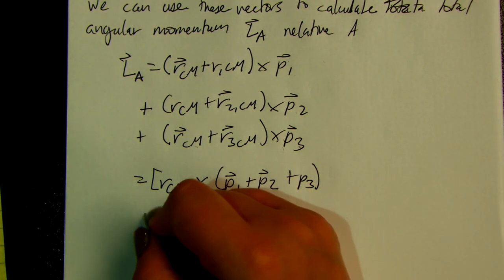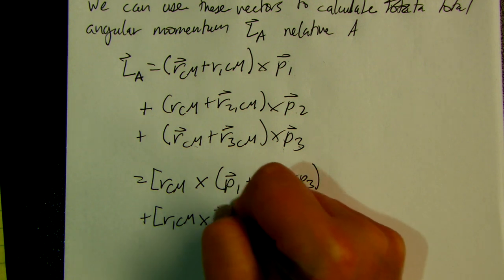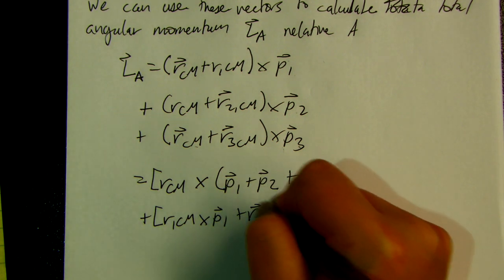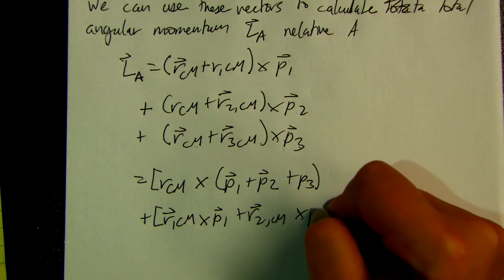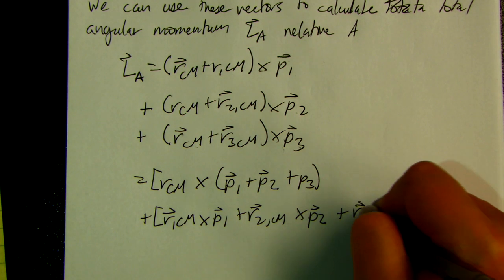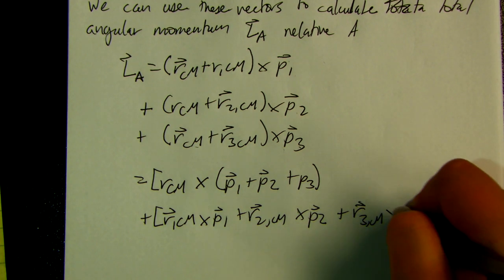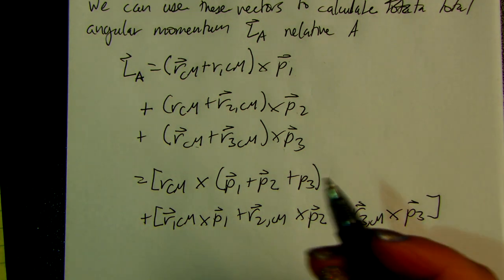So plus R1CM crossed with P1 plus R2CM crossed with P2 plus R3CM crossed with P3.